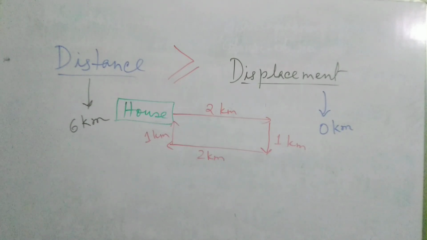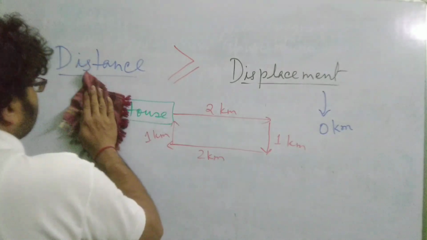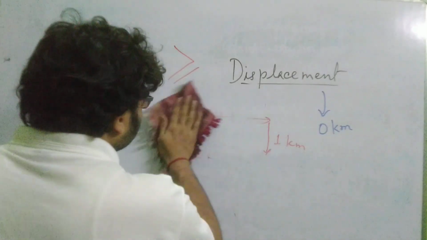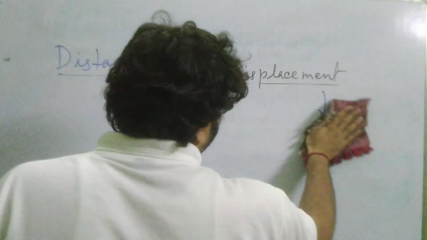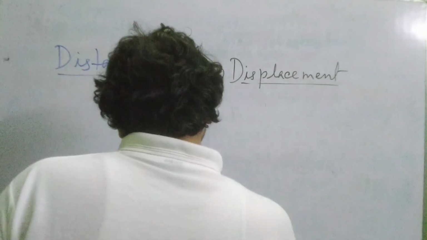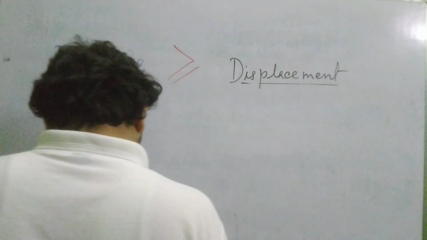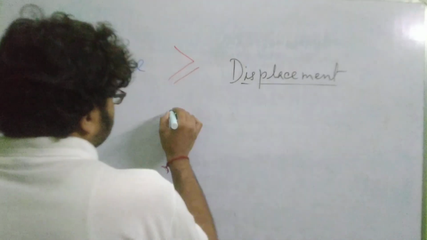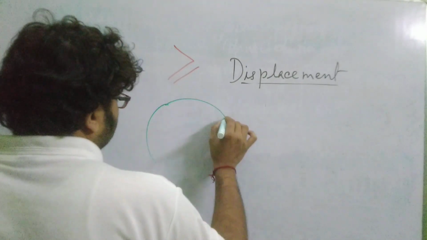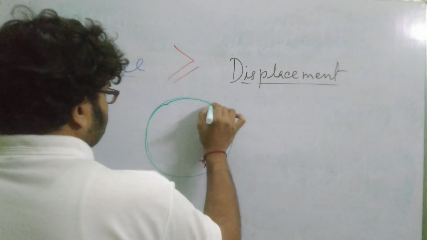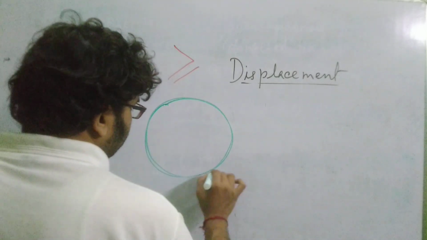Another example that I can demonstrate is if you think of a ground, and there are tracks on which the athletes can run. Say this is a circular track of a certain radius.